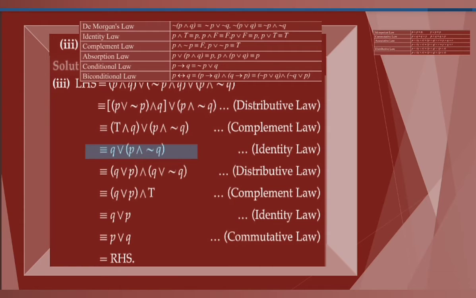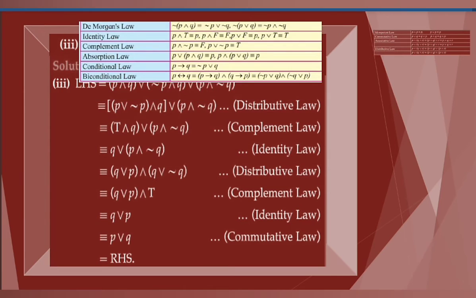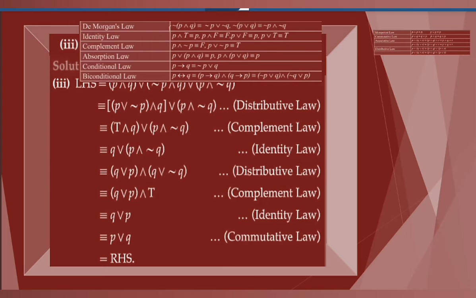Then we use the identity law. Identity law means P and T is P, P and F is F, P or F is P, and P or T is T. We use this law here: T and Q is Q, and all the rest is written as it is.